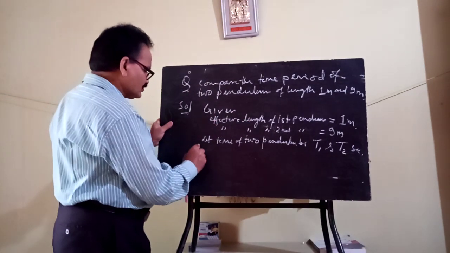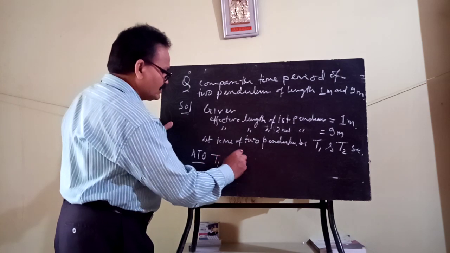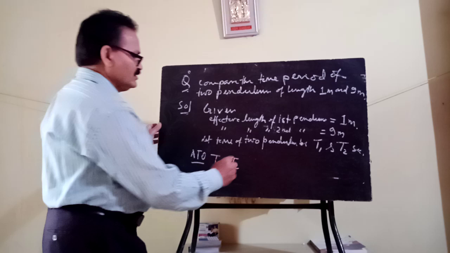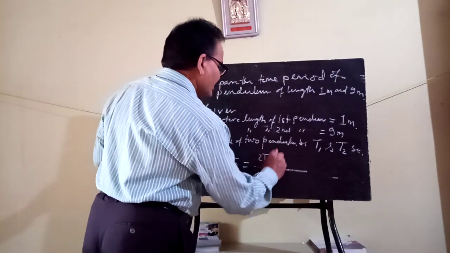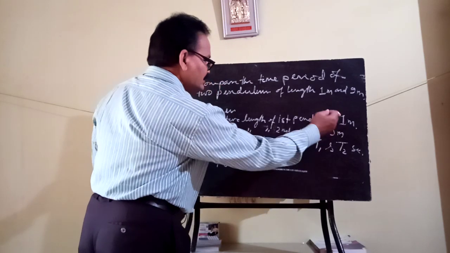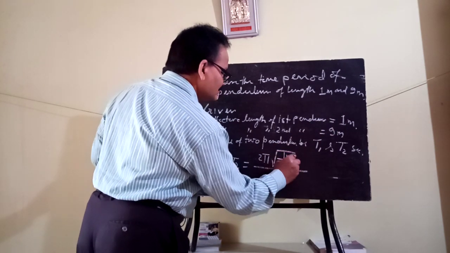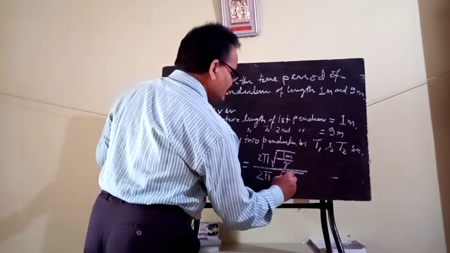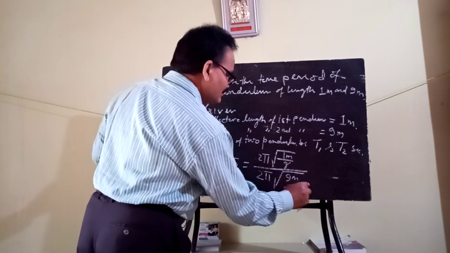So according to the question, T1 is to T2, because for comparing we are finding the ratio, will be equal to 2 pi square root of L, which is 1 meter, by g, over 2 pi square root of 9 meter by g.